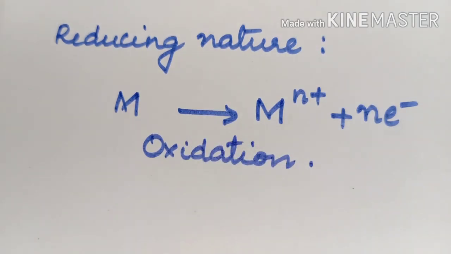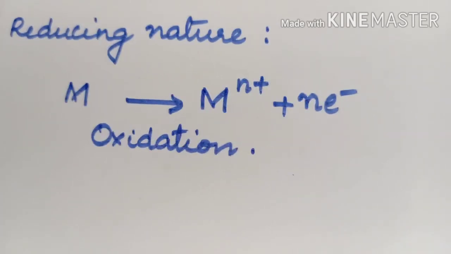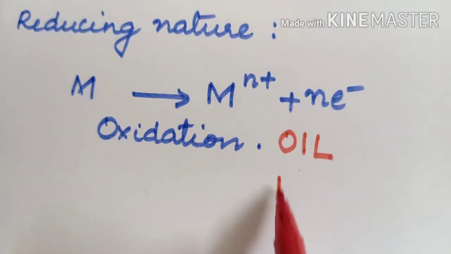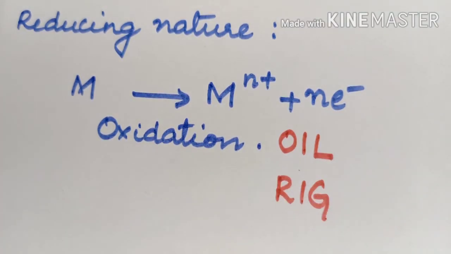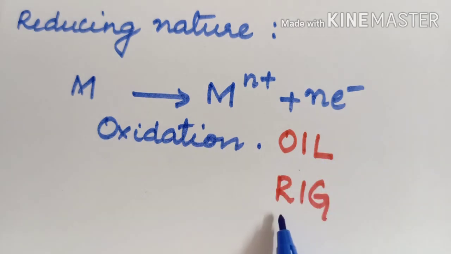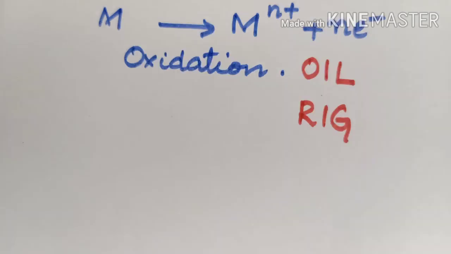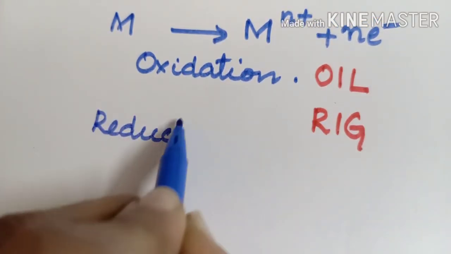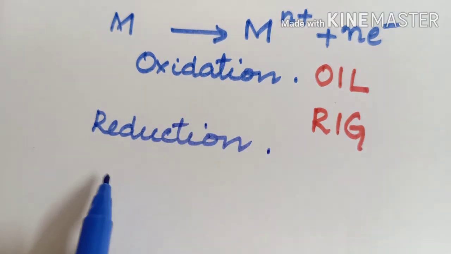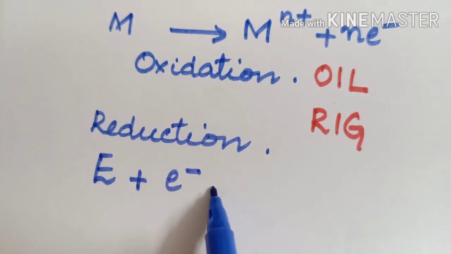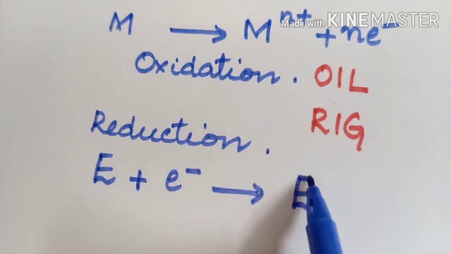It can be remembered using the mnemonic OIL RIG. Oxidation is loss of electrons, whereas reduction is gain of electrons. How can you represent reduction? Reduction can be represented when an element adds one or more electrons, it forms a negatively charged ion.